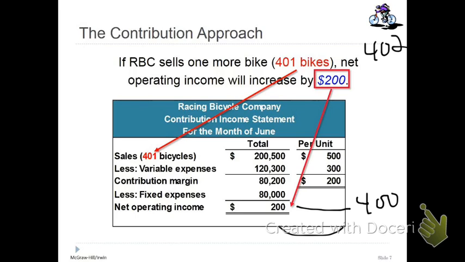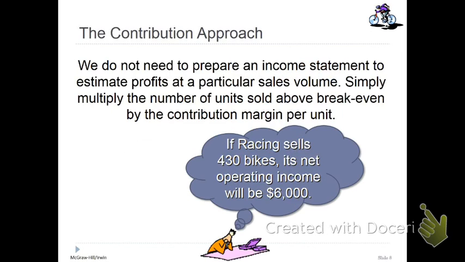Notice that is a 100% increase in net income, but the number of bikes they sold went from only 401 to 402. So their sales went up by about a quarter of 1%, and net income went up by 100%. It just goes to show you how highly leveraged companies are to sales, depending upon how they've structured their fixed and variable costs.